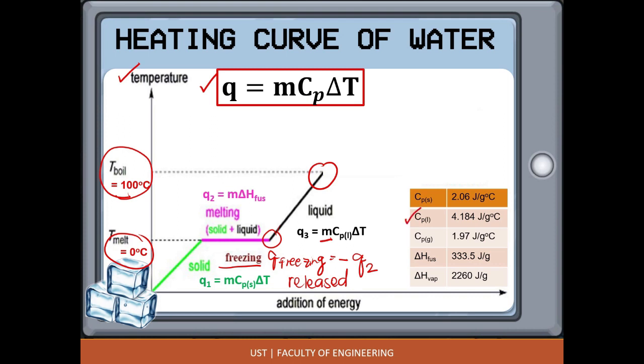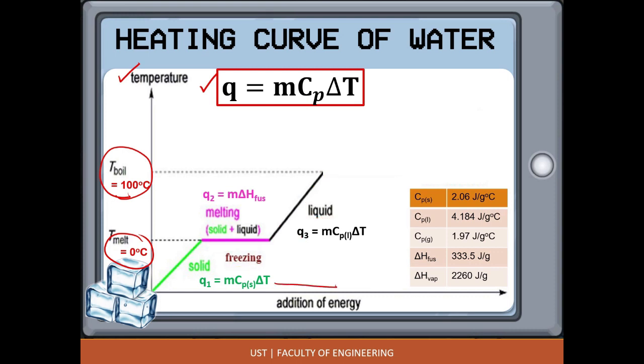Cp will now be equal to 4.184 joules per gram per degree Celsius because the phase is now liquid. Then, delta T is 100 minus 0, implying again positive value of Q.